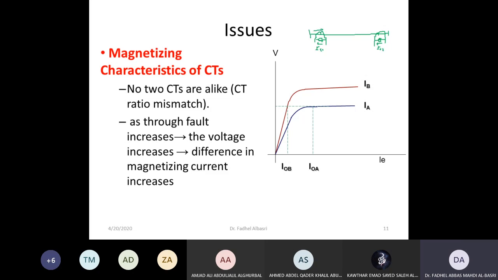So the primary current, although it is I1 during normal operation, is the same as I2, but this current I secondary 2 is not equal to I secondary 1 because of this IE1, which is not the same when the CT characteristics are different. So suppose now this voltage goes to the relay.